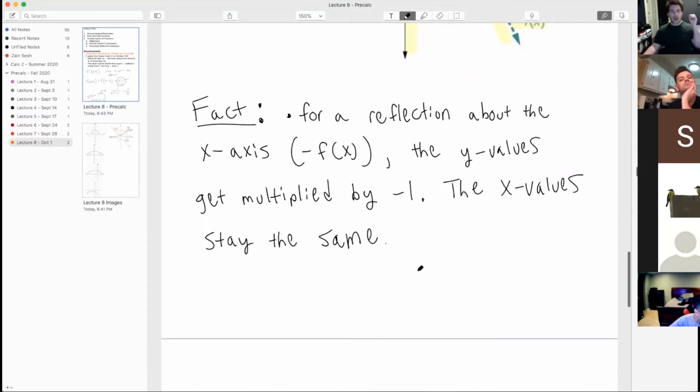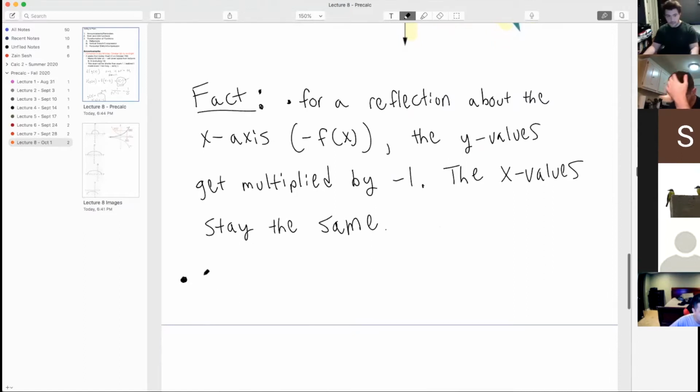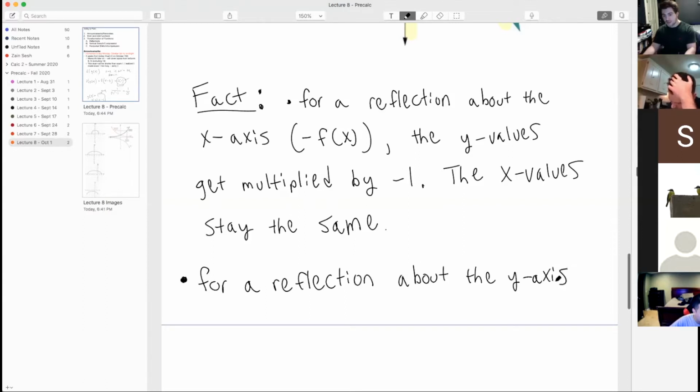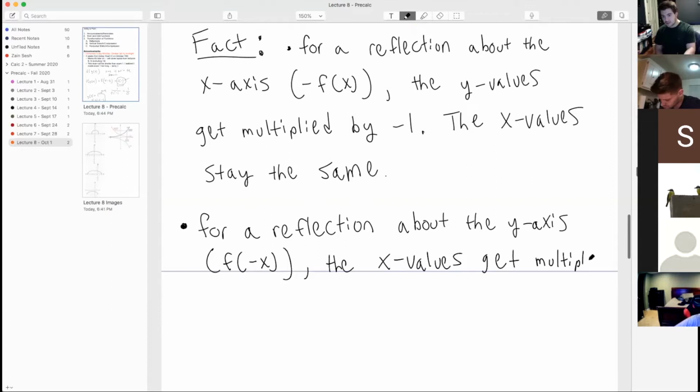Then we have the analogous statement for a reflection about the y-axis. Let me write that down. For a reflection about the y-axis, and I'll remind you in parentheses, that's f(-x), the x values get multiplied by -1.